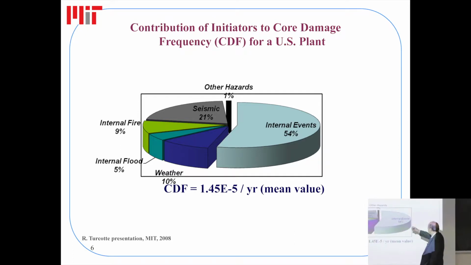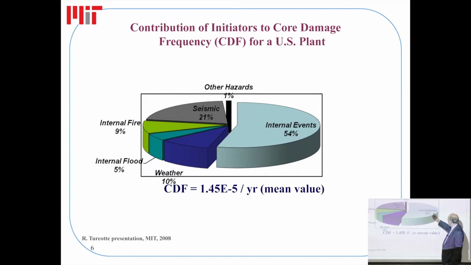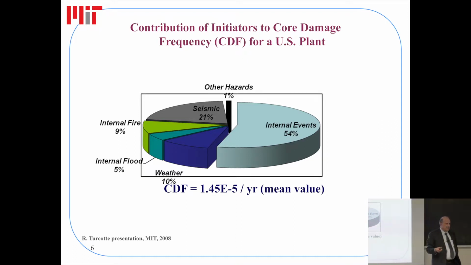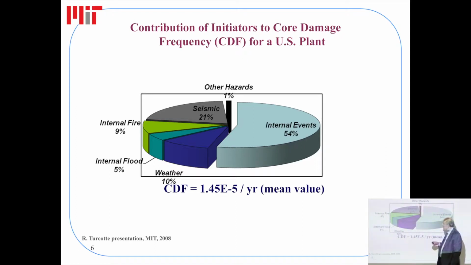So when it says internal events, 54% of the core damage frequency, these are LOCAs, loss of coolant accidents, and transients. Earthquakes contribute 21%, internal fire 9%, flood 5%, and weather 10%. Okay?